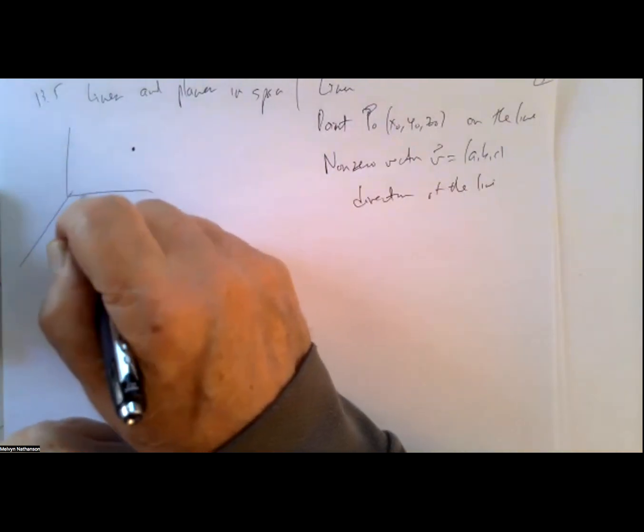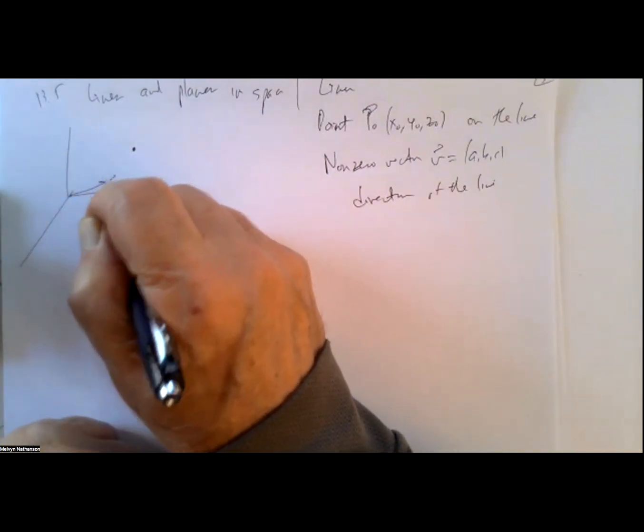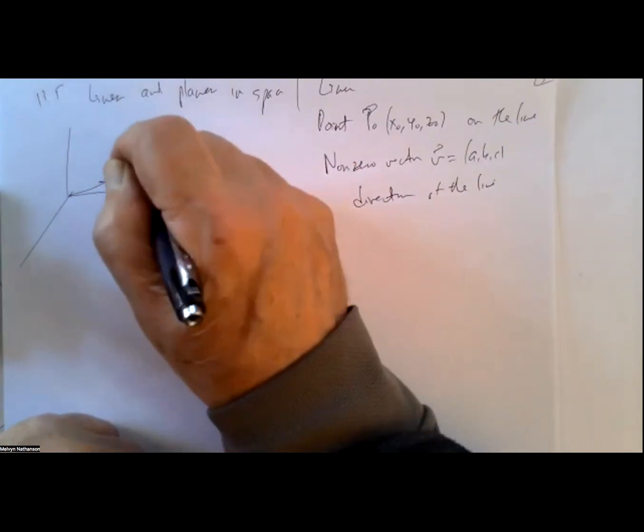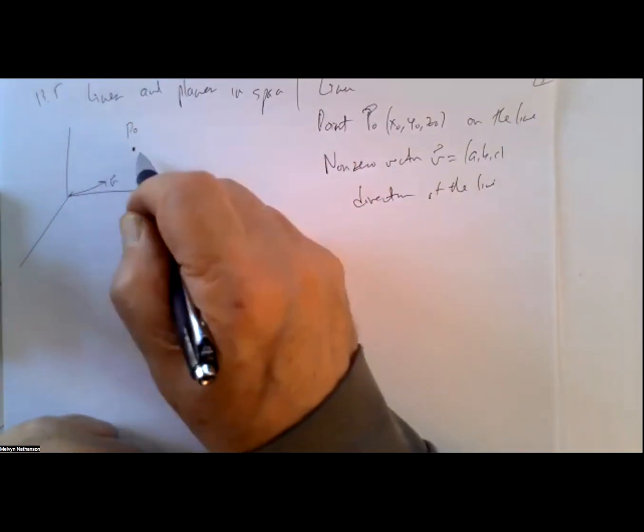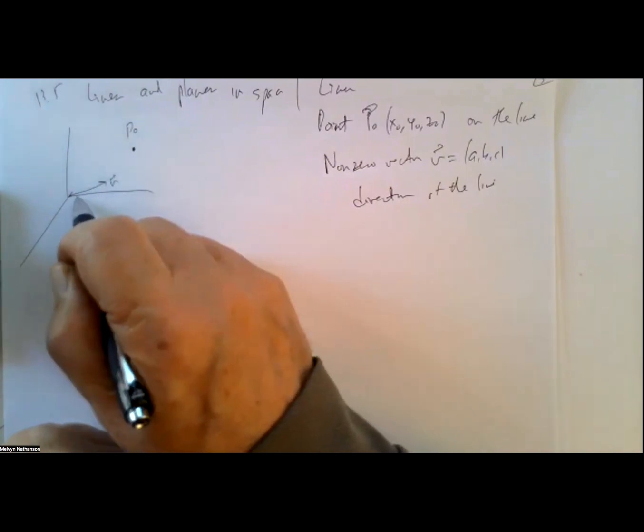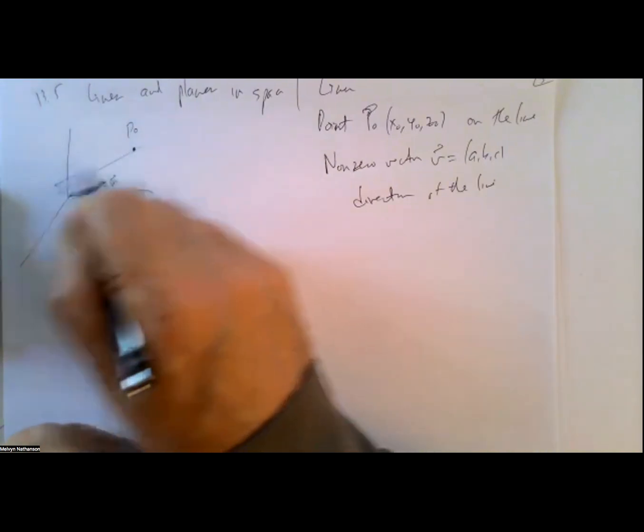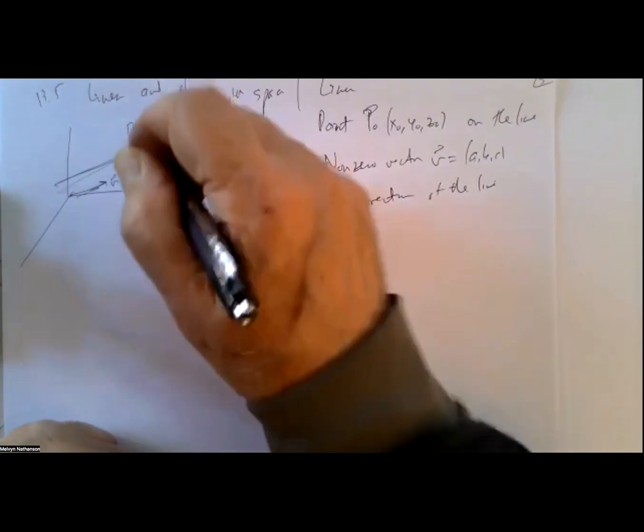So if, for example, this is the vector v starting from the origin, here is the point P naught, your line is going to be parallel to v going through P naught.